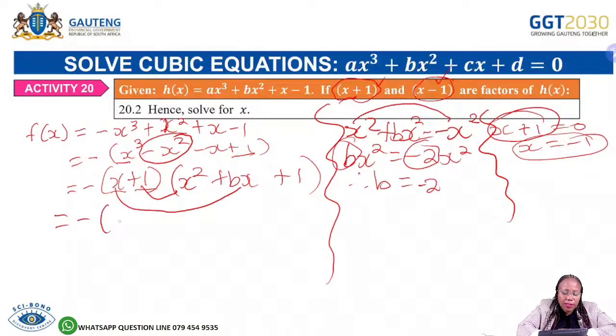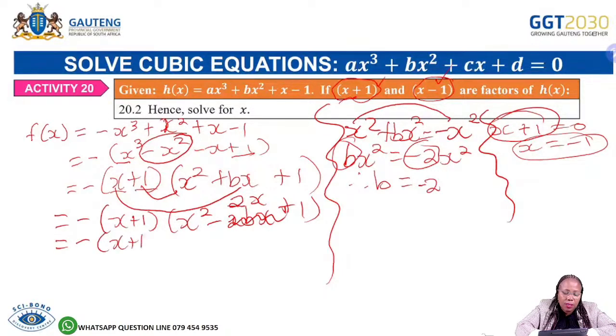Back to your factors, you have x plus 1, and then x squared minus 2x plus 1. That is the factor for that. Let me rewrite this. It's minus x plus 1 into x squared minus 2x plus 1.